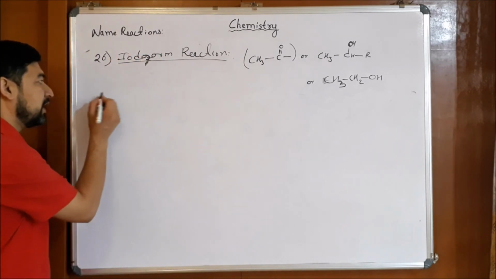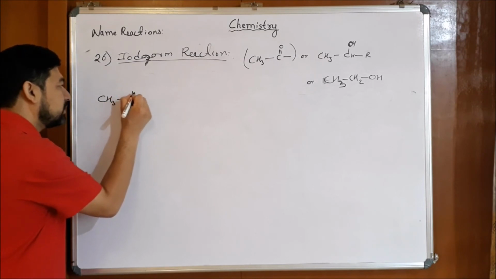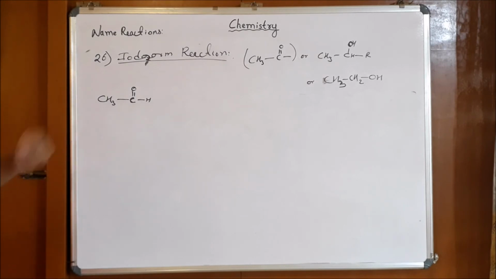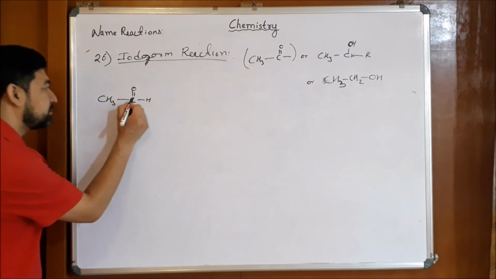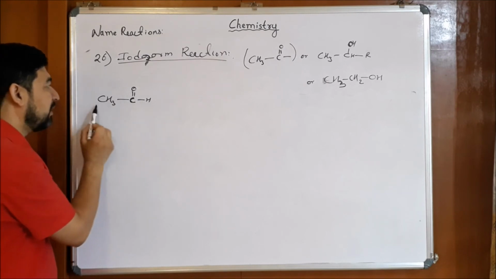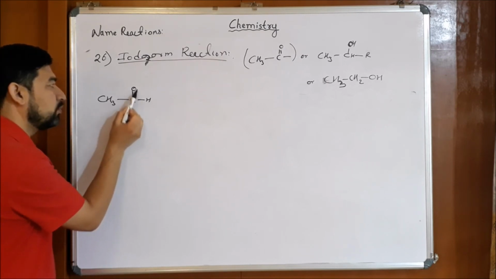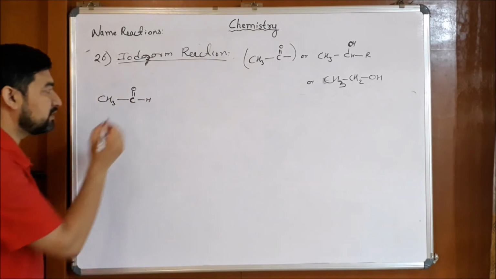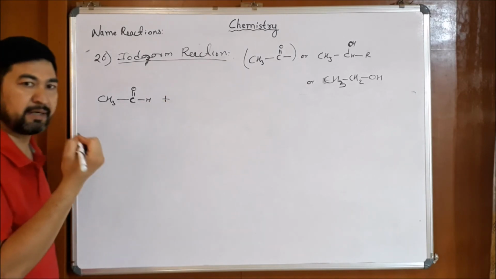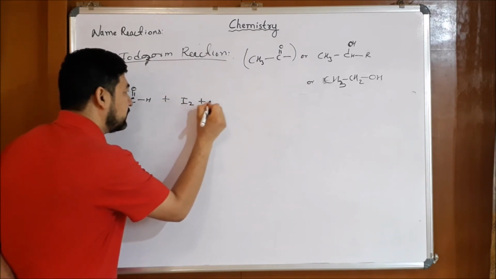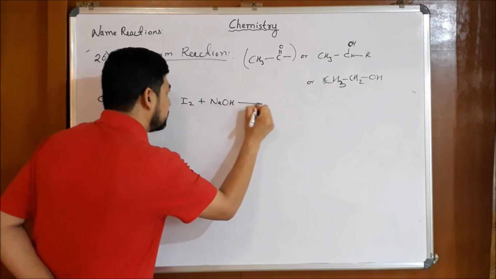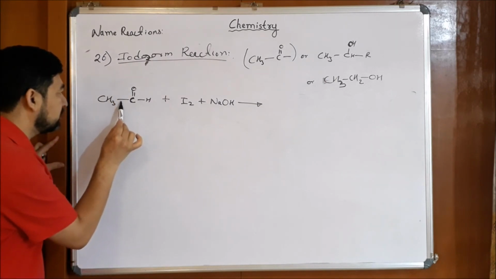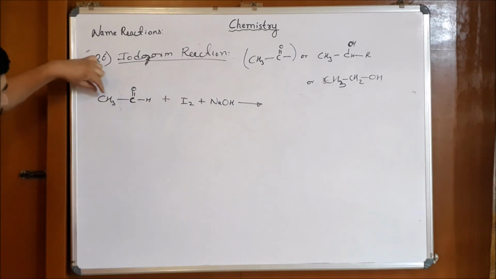So we'll do the iodoform reaction here. Suppose we have this compound, ethanal, which we call acetaldehyde. Remember this has the CH3C=O group, so it exactly matches. When this is treated with iodine and NaOH, the bond will break here, and this will form your iodoform.